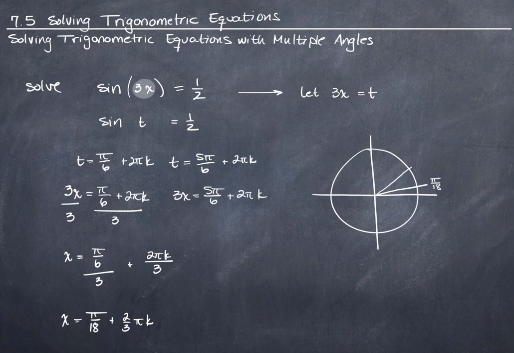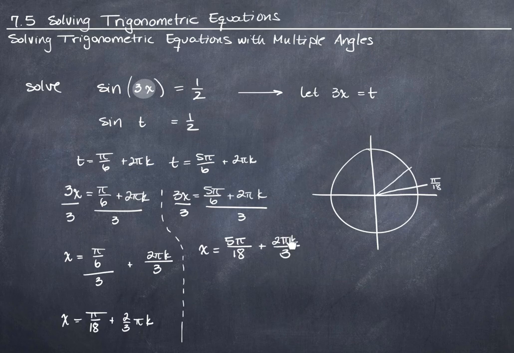Similarly, for this version here, when I divide both sides by 3, I'm going to draw a dotted line here to separate my two answers. I get x equals 5 pi over 6 divided by 3. That's going to give me 5 pi over 18, plus 2 pi k divided by 3.